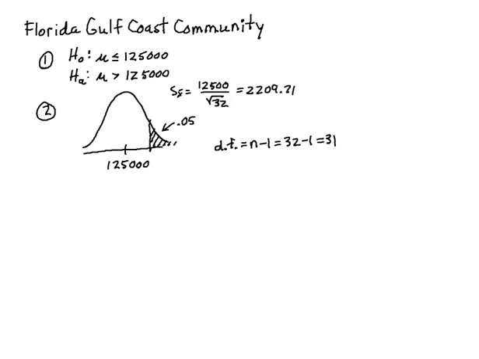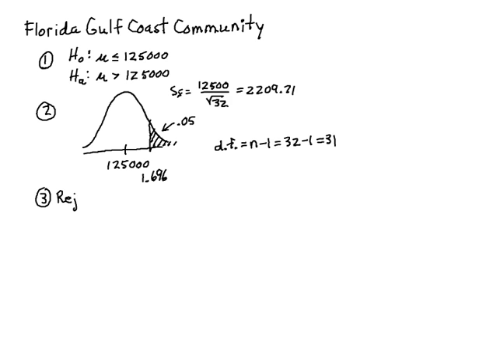And by the way, that can be found in Appendix B, page 920 in your textbook. The column, the upper tail area, is 0.05. So my t-value, my critical value for my test here, is 1.696. Now I can create my rejection rule.